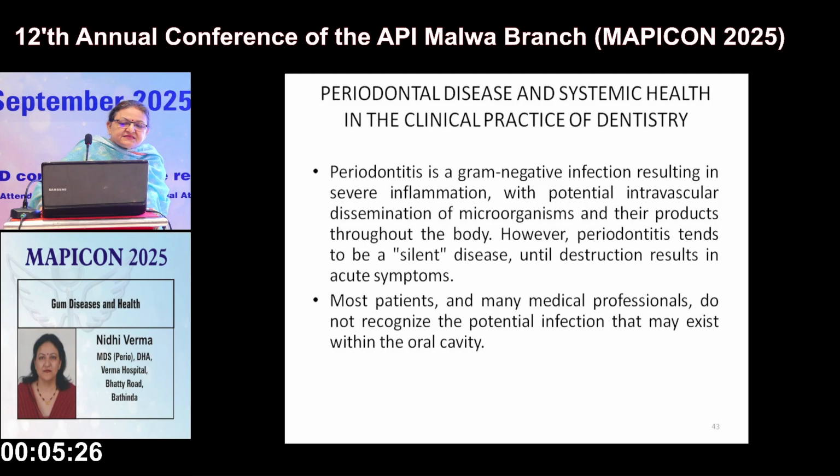Periodontal disease and systemic health in clinical practice. Basically, periodontitis is a gram-negative infection resulting in severe inflammation and potential intravascular dissemination of microorganisms and their products throughout the body. It is a silent disease until the destruction results in acute symptoms, and many patients and medical professionals do not recognize the potential infection that may exist within the oral cavity.